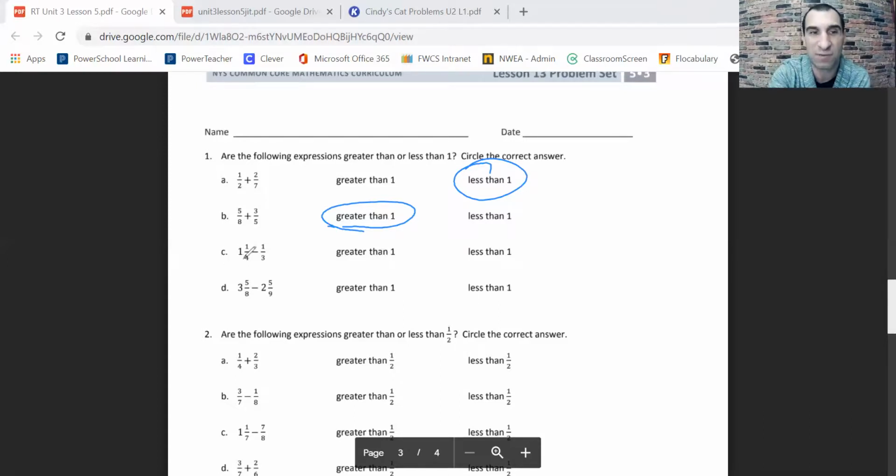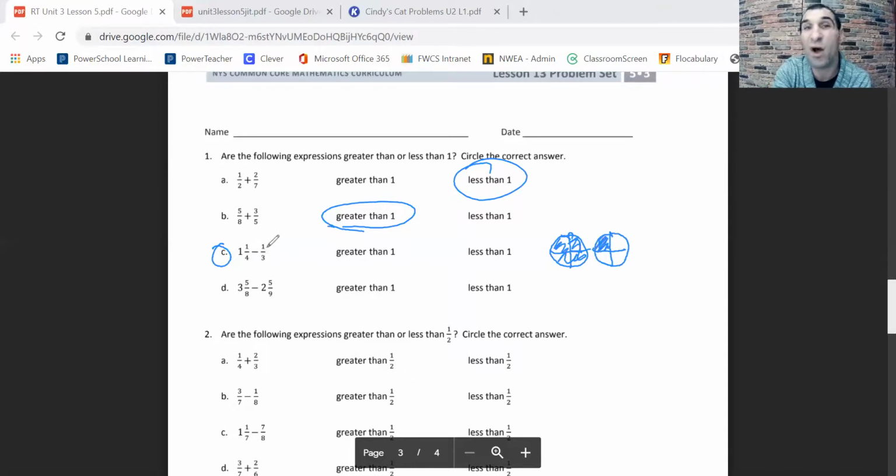Now we get to a subtraction problem. If we look at C, if I have 1 1/4 and I'm subtracting a third. Ooh, think about this. So I have 1 1/4. So I'm going to take this, and I'm going to use subtraction circles. Here's my 1 whole, all shaded in, and here's my 1/4 shaded in.